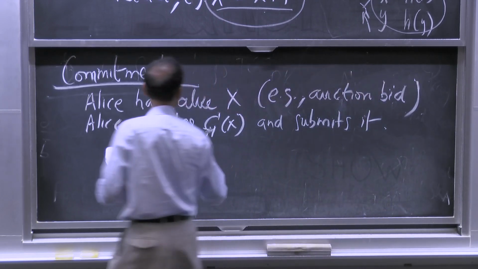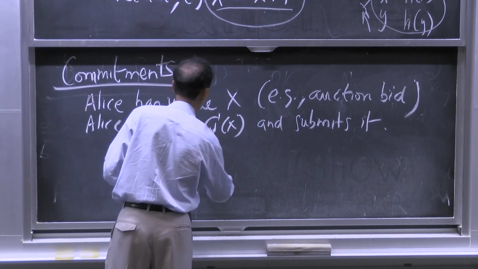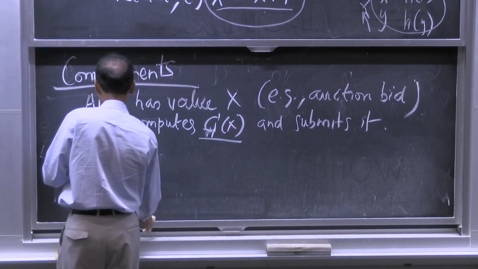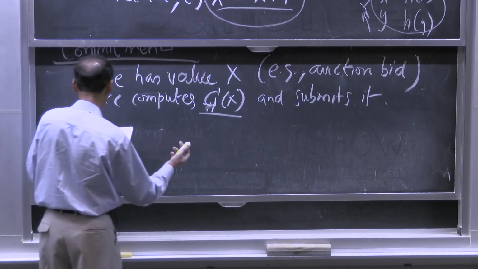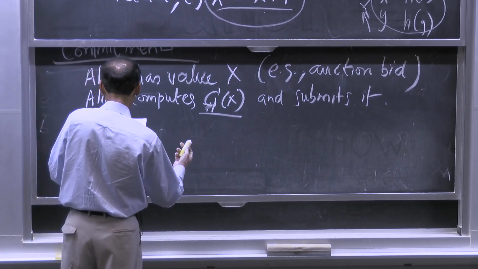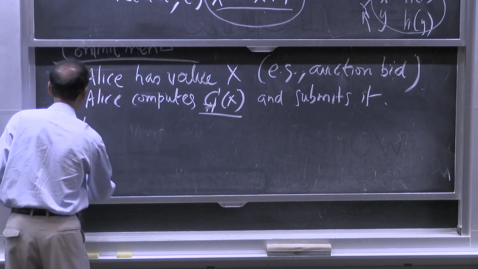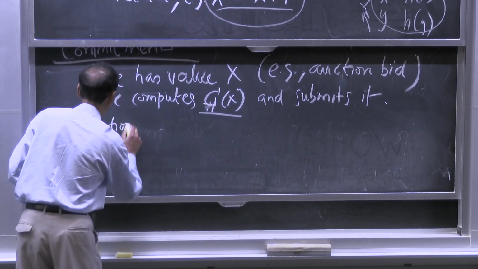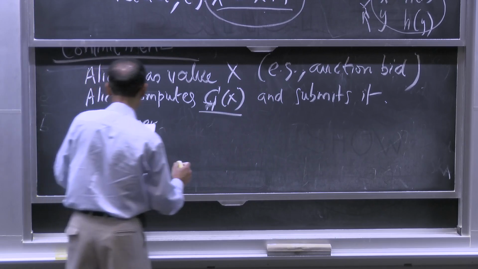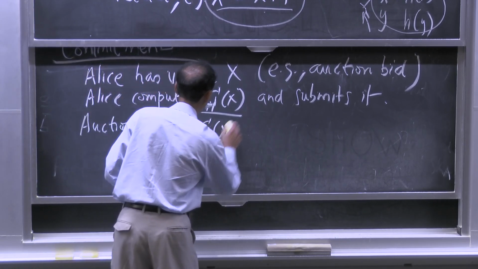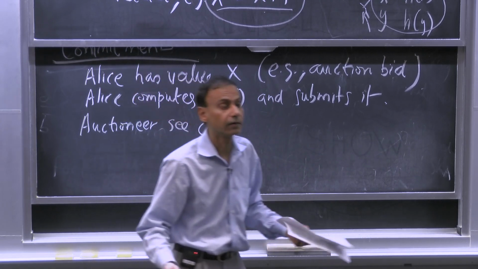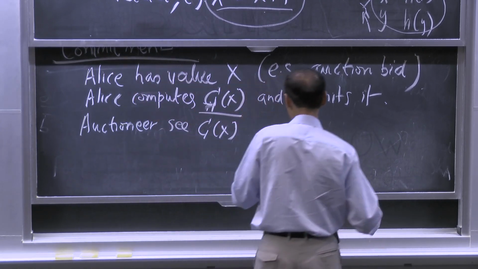Right? C of X is, let's assume, exposed to the auctioneer, and perhaps other auctionees as well. I mean, you have to submit it to somebody, right? So you can assume that that's exposed.